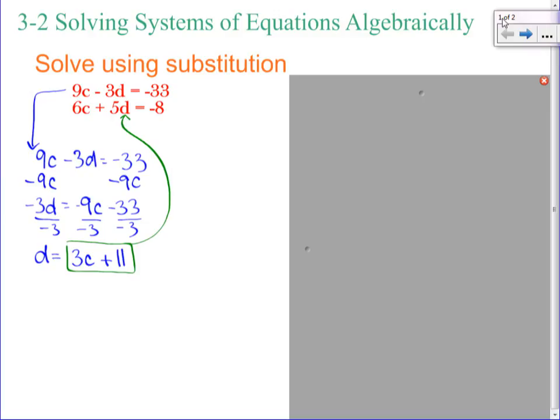Okay, so what we're going to do is take this second equation. We have 6c plus 5. Then we're going to, instead of writing d, we're going to write what d is equal to, which is 3c plus 11 equals -8. And now all we have to do is solve for c, because we just have one variable now. So we're going to distribute the 5.